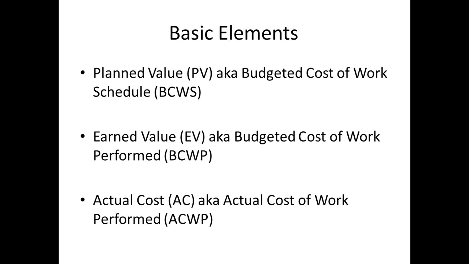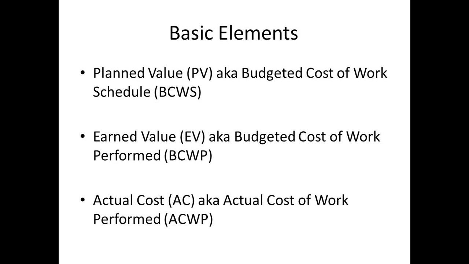So there are three basic elements that we've talked about. I think this is the third time I'll be hitting on this. The first basic element of an EVM system is the planned value. It's also known as the budgeted cost of work, which means what you planned out for the whole of the project.